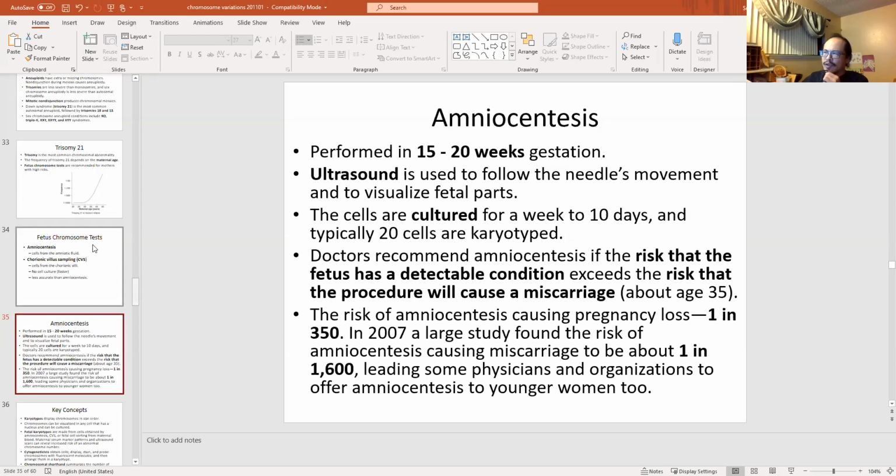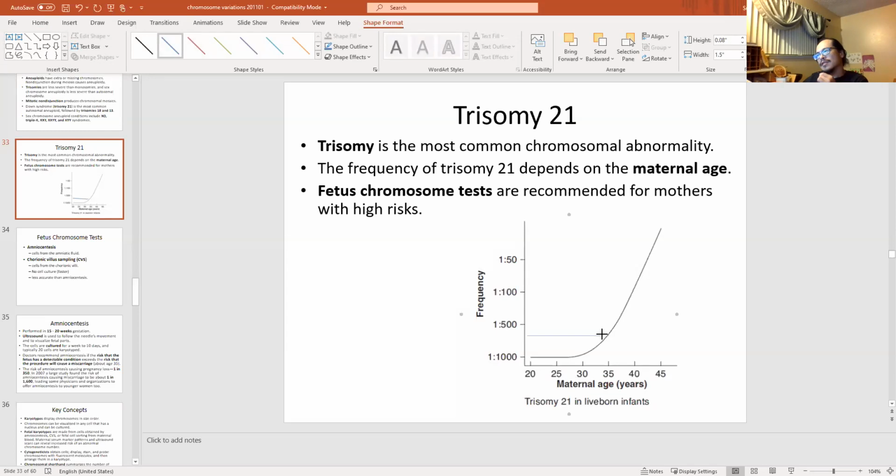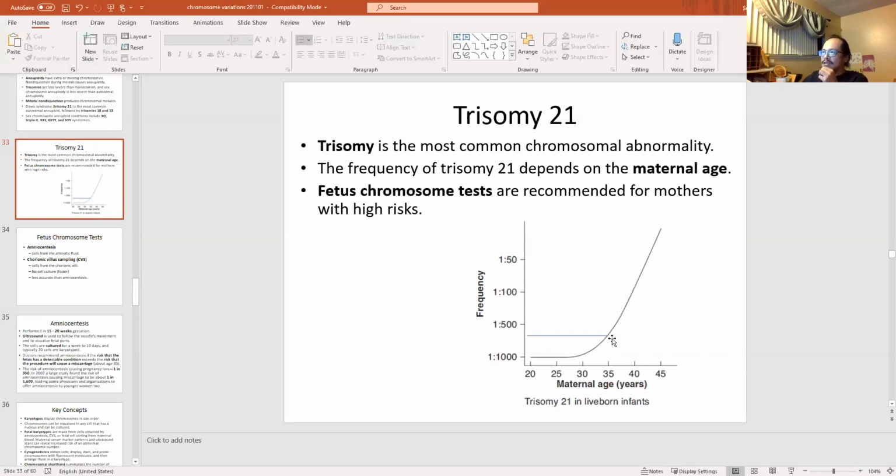If and when, at which age? 1 in 350 is wrong here. So let's draw a line, somewhere here. So that is the age, and that is the risk, 1 in 320.